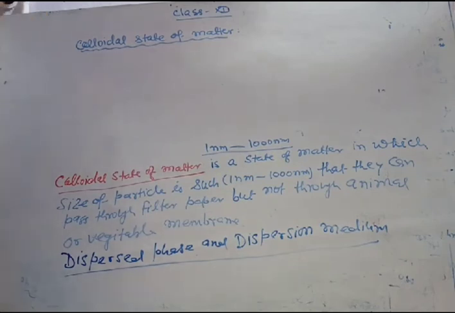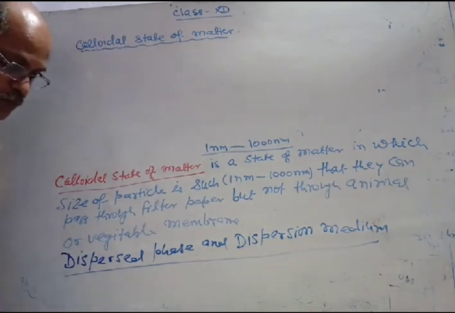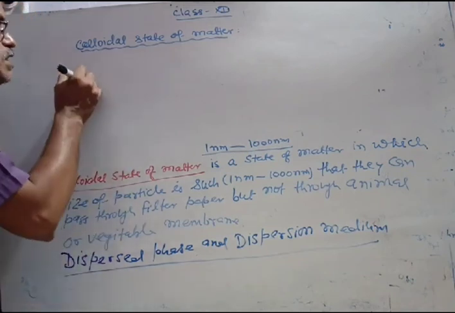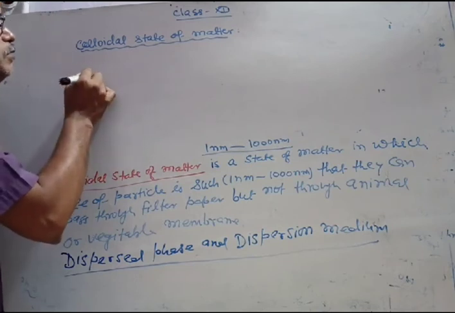What is the dispersed phase? It is the component present in a small proportion and consists of particles of colloidal dimension. Dispersed phase, DP.